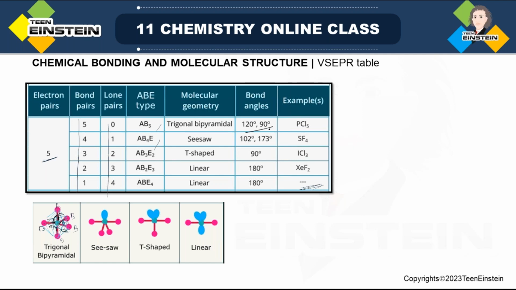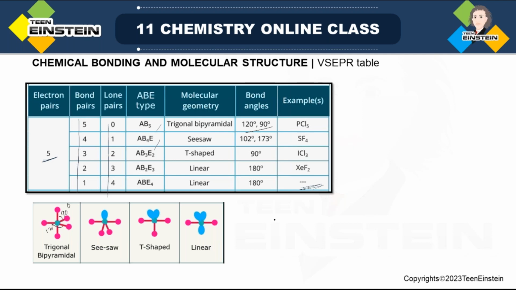That is why 2 different angles are mentioned here in the table, 90 degree and 120 degree. So this is 90 degree, but this angle is 120 degree. Fine. PCl5 is a very good example.